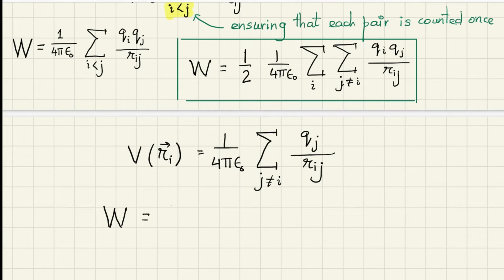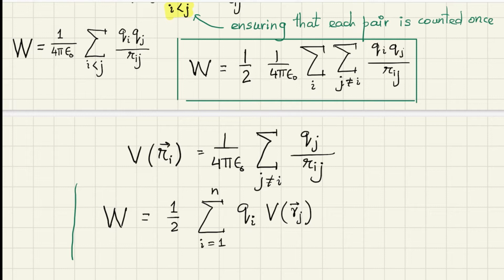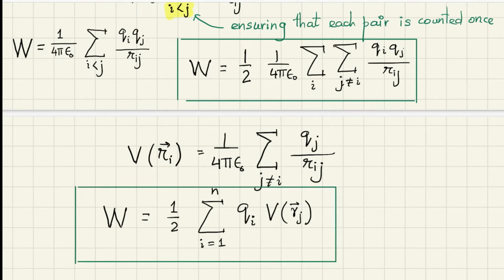Hence it is now even easier to write down. My W is half, sum over all my n charges, 1 to n, of Qi for each charge times the potential due to all other charges, V at Ri. That is all the summing up that I was trying to do for you, just to show that I need that half factor.